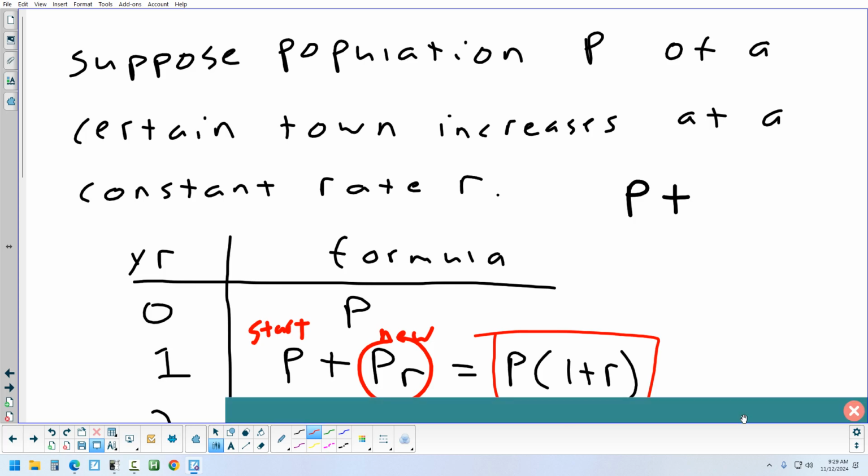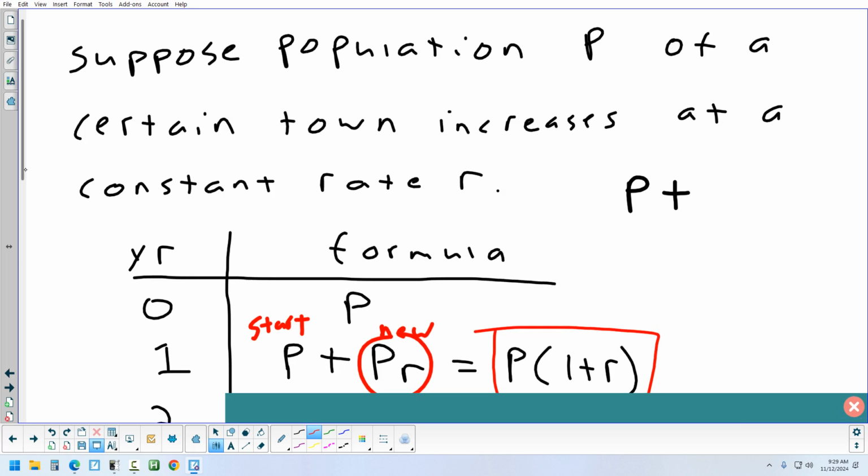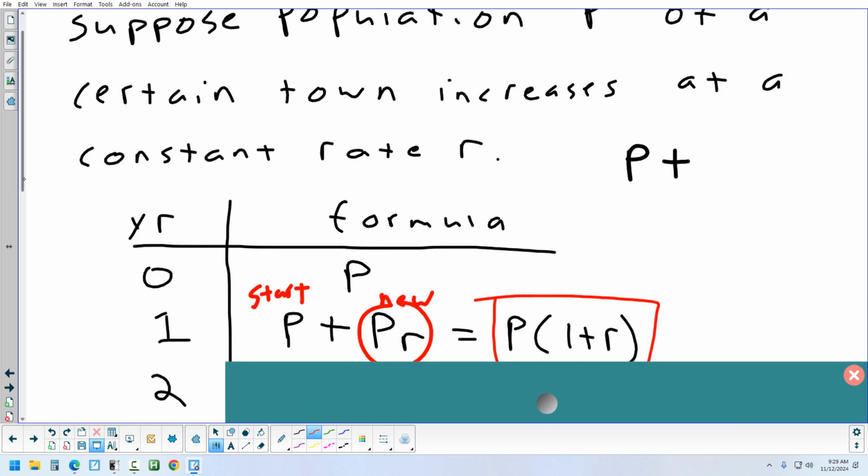Now, let's figure out the population of people at year 2. At year 2, we're starting with a certain amount of people, and we have an amount of new people. What's the population that we are starting year 2 with?